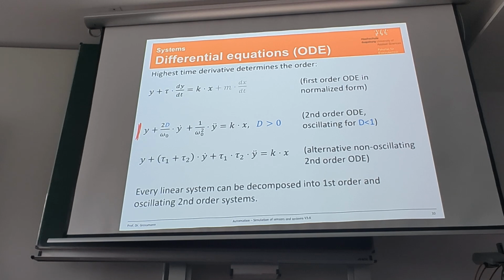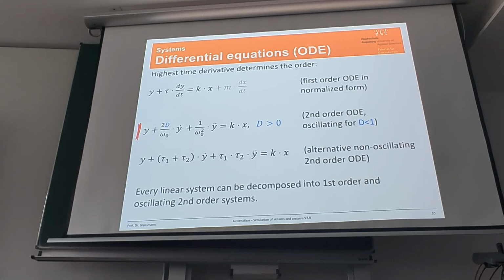D is just a value and describes the damping. So how much damping is inside this. It has no unit, it's just a number. It's always positive. Well, if it's 0, then you have no friction, no losses, nothing at all. It's just an ideal state. In reality, it can never happen. But okay, so D is always larger than 0.